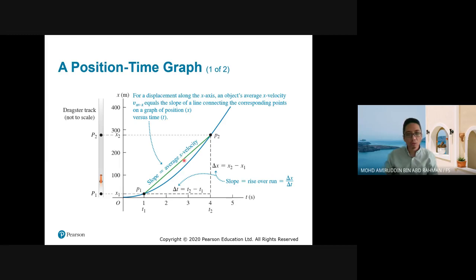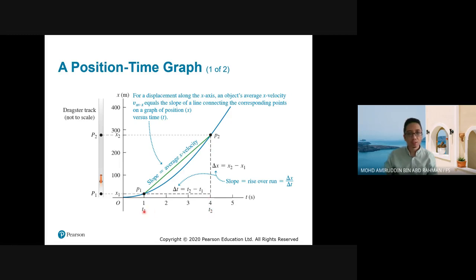So how do we find the average velocity? Because we are looking at the slope, we take P2 minus P1 over T2 minus T1.